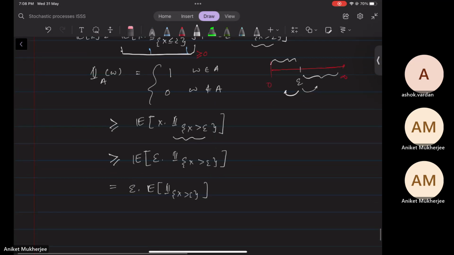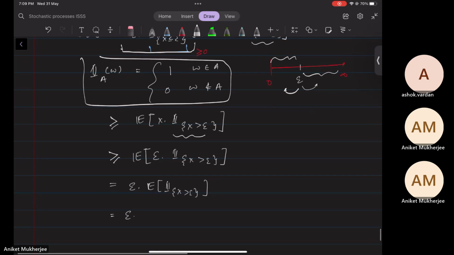Now, I have defined what the random variable indicator is. So this is equal to epsilon into 1 into probability that x is greater than epsilon, plus 0 into probability that x is less than or equal to epsilon.